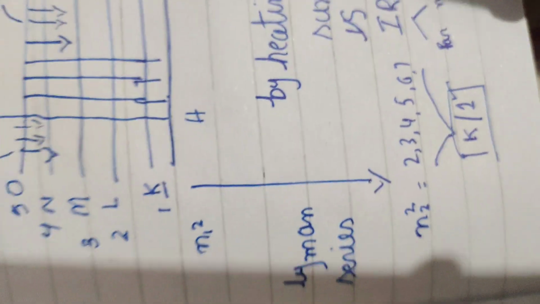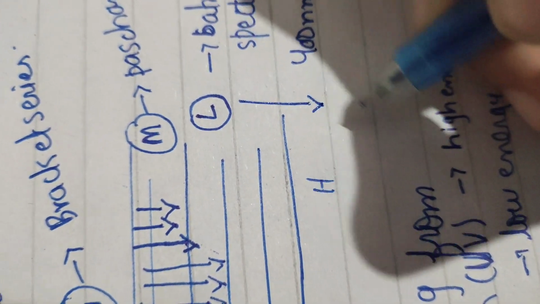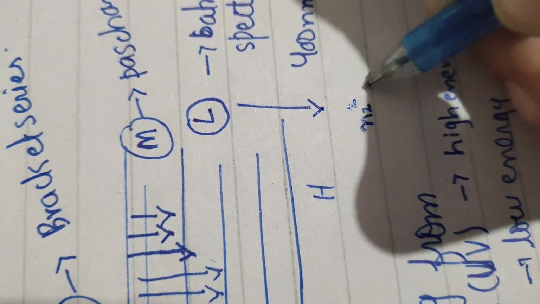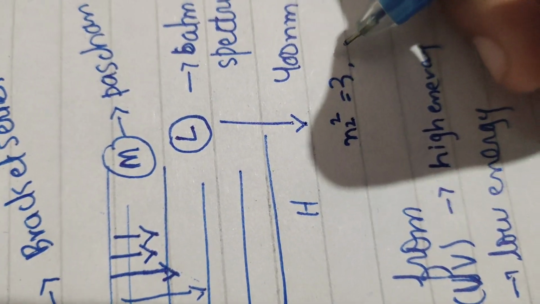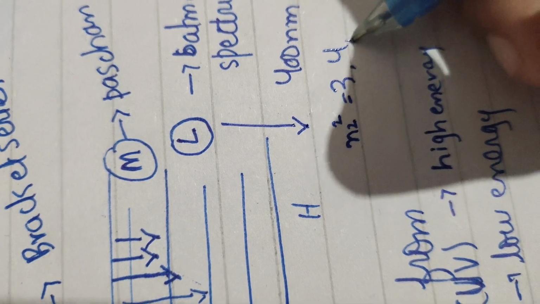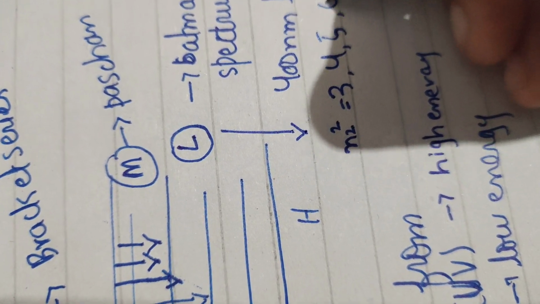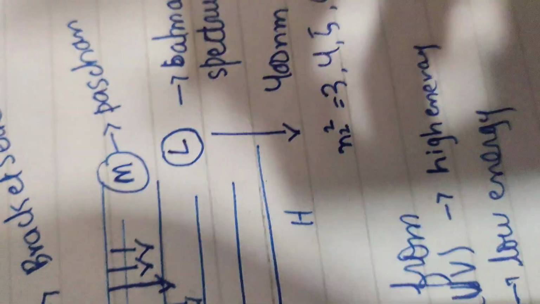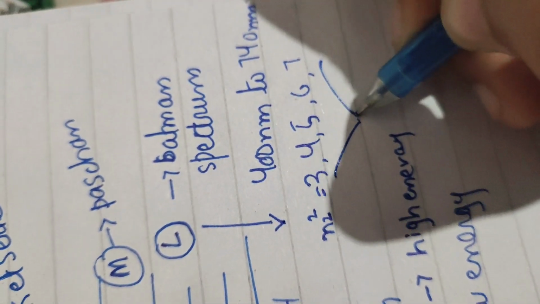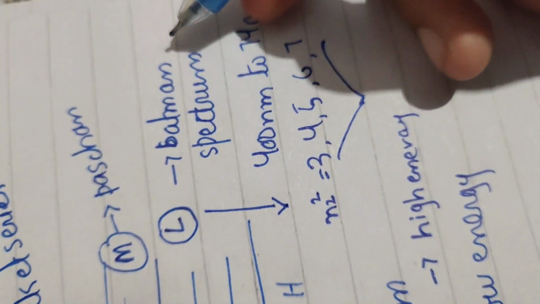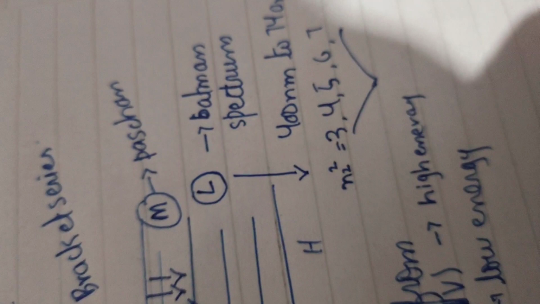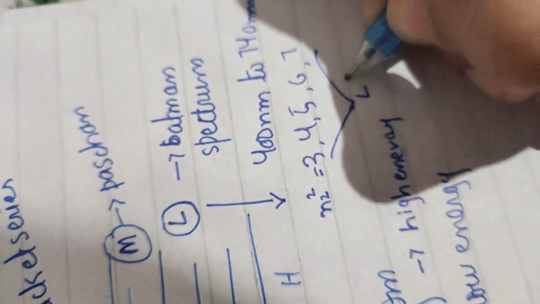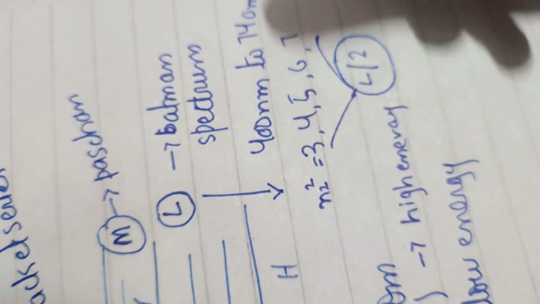Now talking about L. If you count L, the excited states coming are 3, 4, 5, 6, 7, and they will drop on 2. This spectrum will be known as the Balmer spectrum, and that will be at the position of 2.